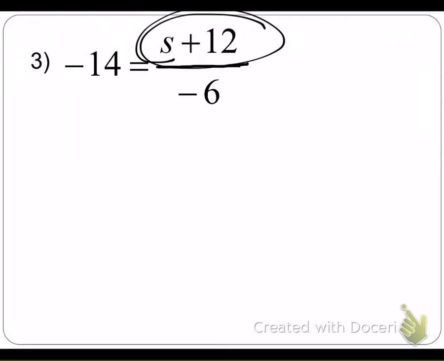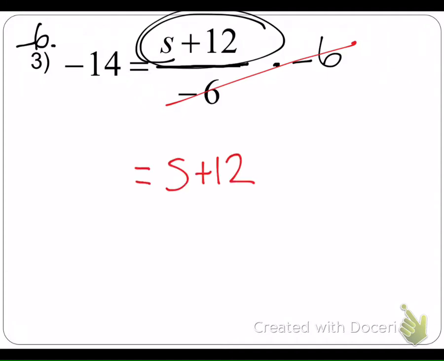So how do I undo dividing a whole side by negative 6? You multiply the whole side by negative 6. Now, the only thing that does on the right is gets rid of that negative 6 in the denominator. We have an x plus 12. All right, does anyone know what negative 6 times negative 14 is?